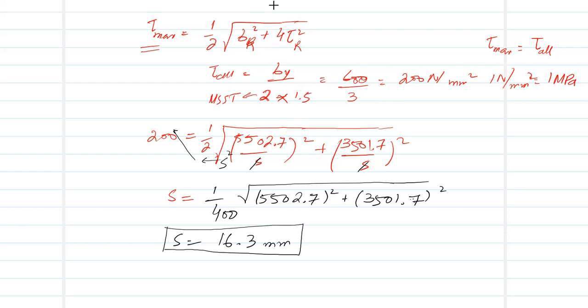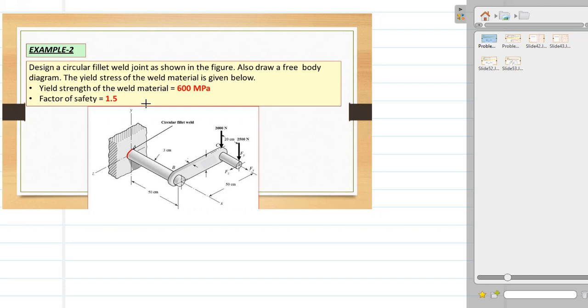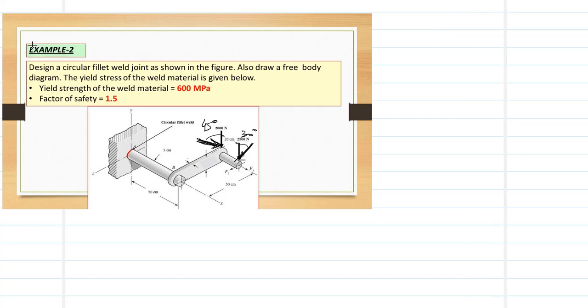If the same problem, I'm just repeating, is given as a case in which the loads are at an angle, clear? Let's say this is in this direction, this is in this direction. For example, this angle is 45 degrees, and this one is 30 degrees. The only difference is in the free body diagram.